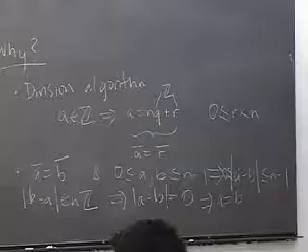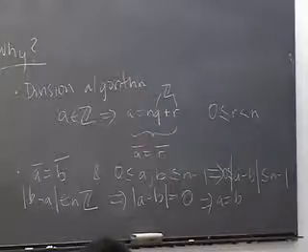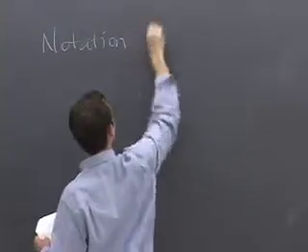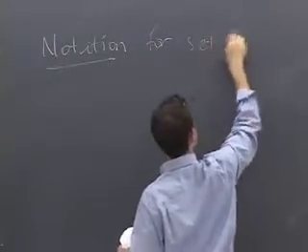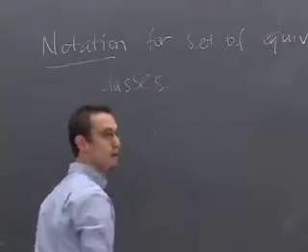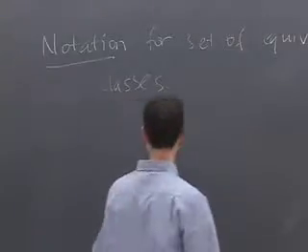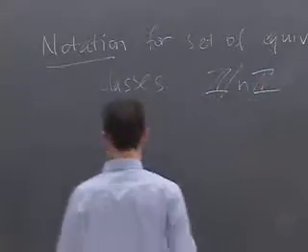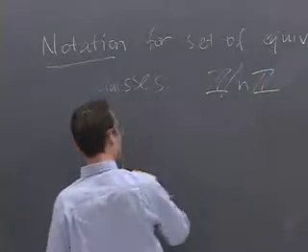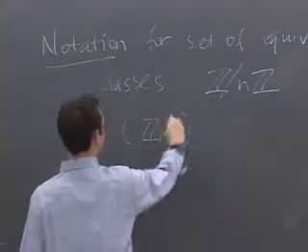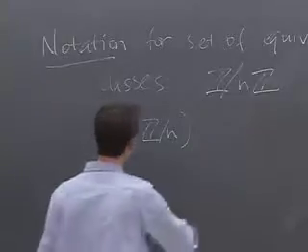So the usual notation for the set of equivalence classes is Z mod nZ, or sometimes just shortened to Z mod n, or sometimes brackets are put around the n. These are all synonymous.